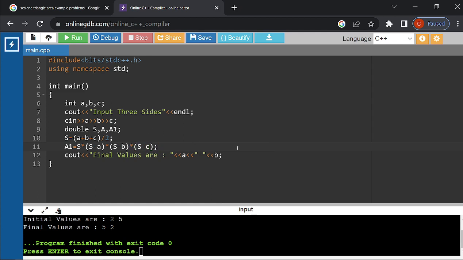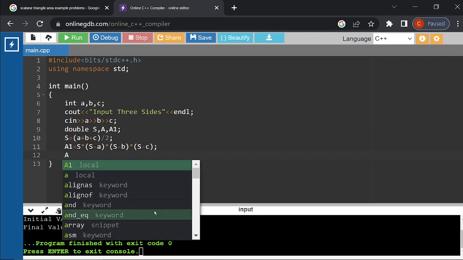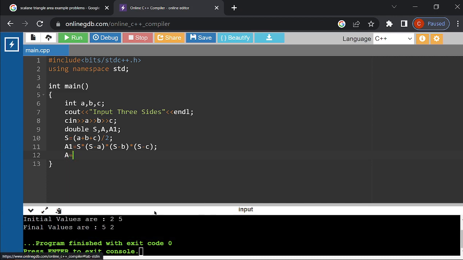And now you have to calculate the area. So what is the area? Area will be the square root of A1, which you have calculated. In bits/stdc++.h, all the libraries get covered, including math.